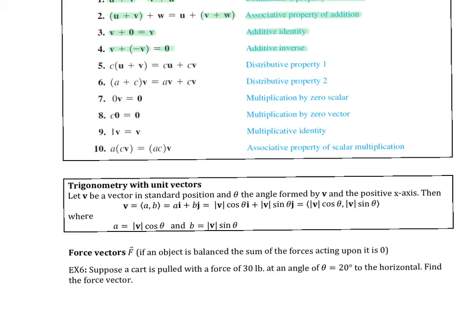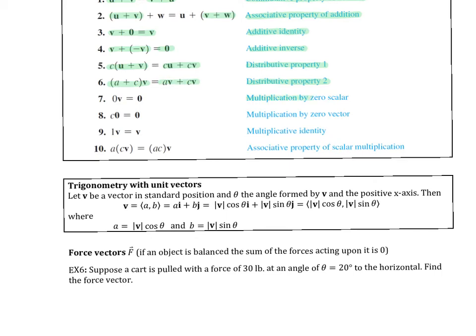So there are 2 distributive properties with vectors. The first distributive property is just distributing a scalar. So you can distribute a scalar or a real number across the addition of vectors, and it's the same. But you can also distribute a vector over the addition of scalars, and it's the same.